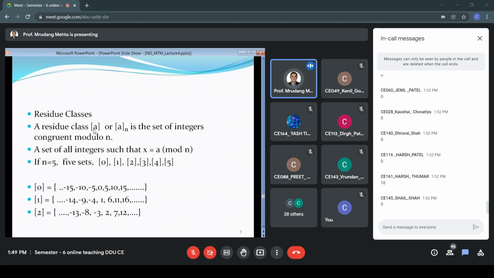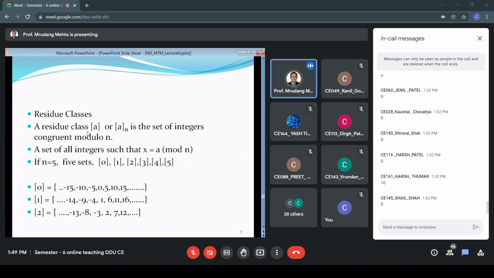If A mod n equal to 1 is taken, we want all numbers which, if we divide them by n, give the remainder equal to 1.